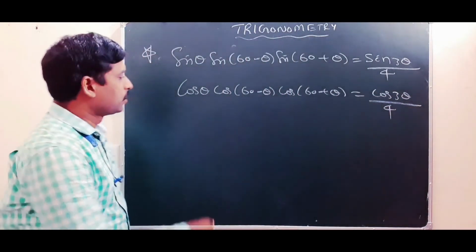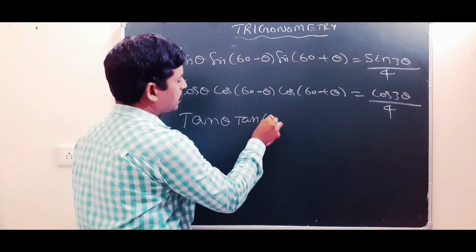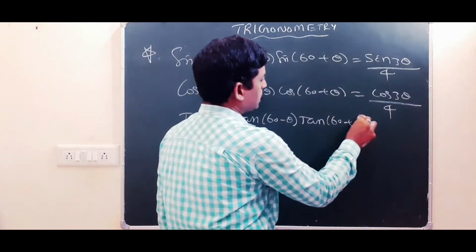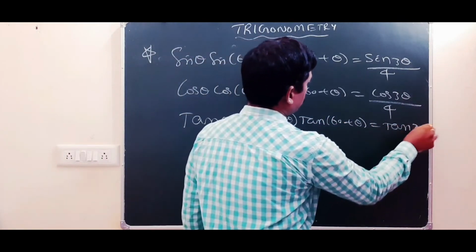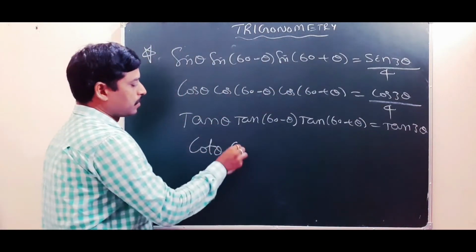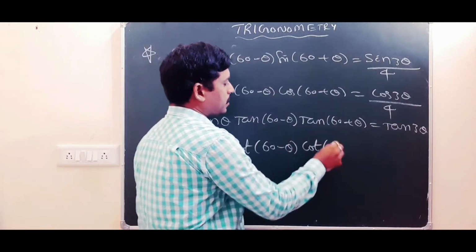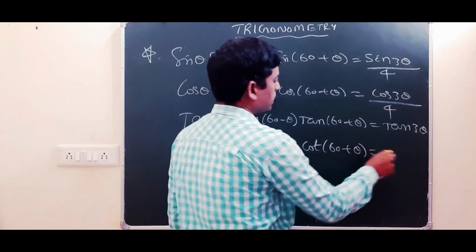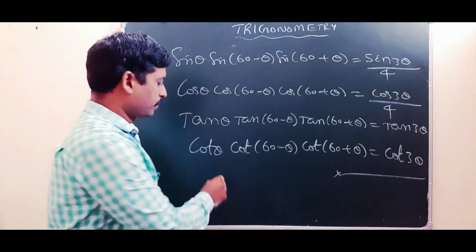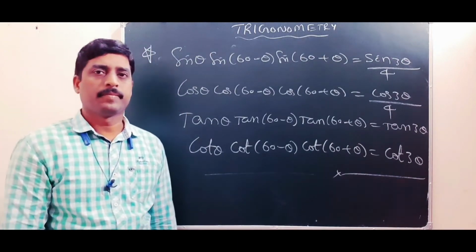Tan theta into tan 60 minus theta into tan 60 plus theta will be only tan 3 theta. Cot theta into cot 60 minus theta into cot 60 plus theta will be cot 3 theta. These 4 results are most important.